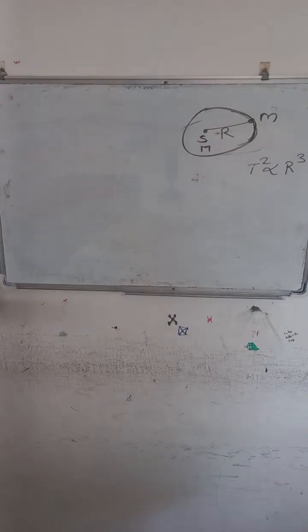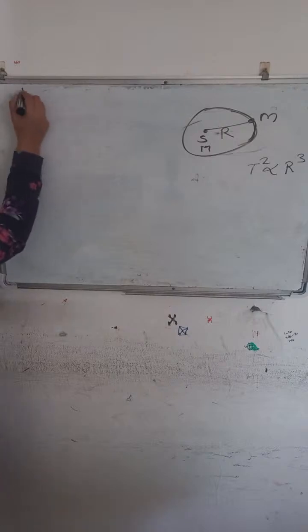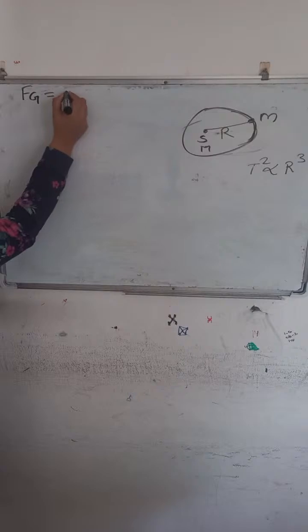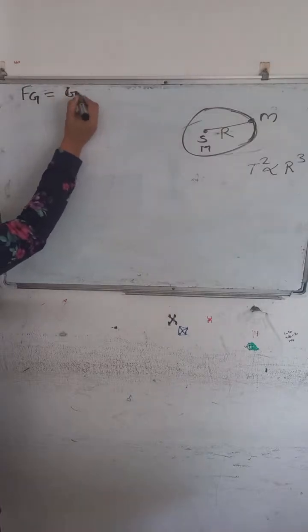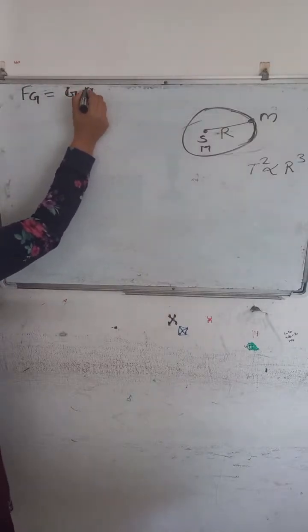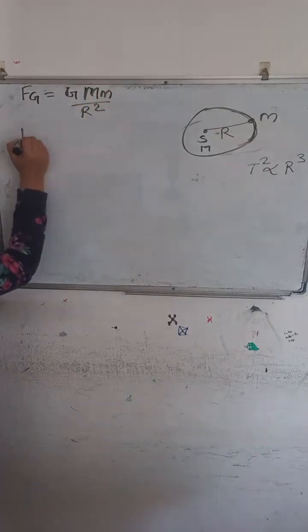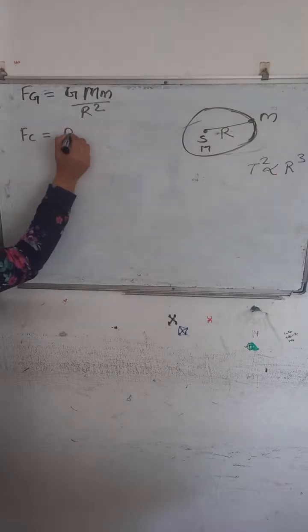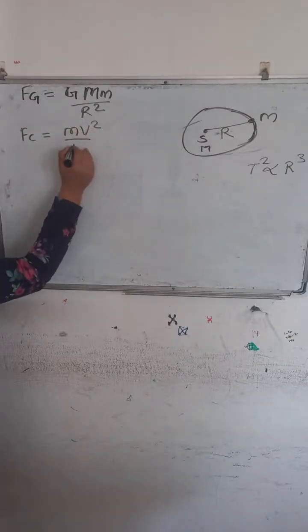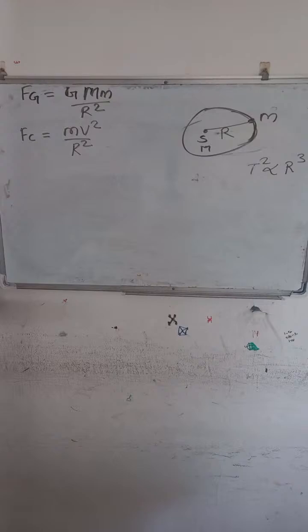So here gravitational force is also acting. Yesterday we did this gravitational force: Fg is G capital M small m upon r square, and the centripetal force is m v square upon r. Are you getting this?